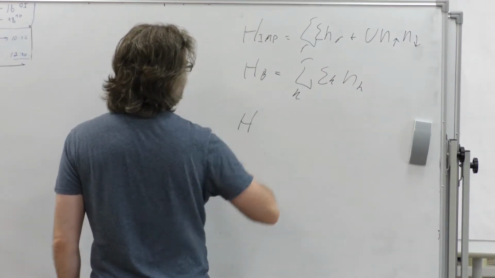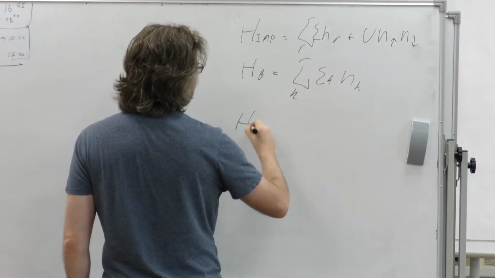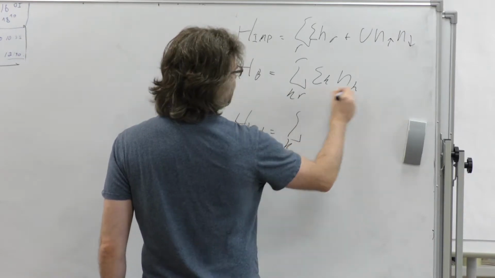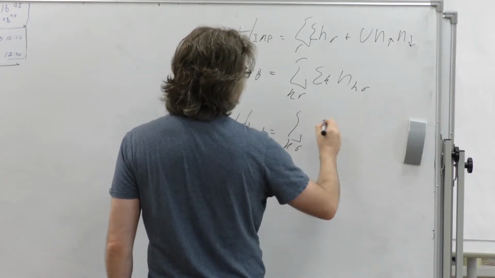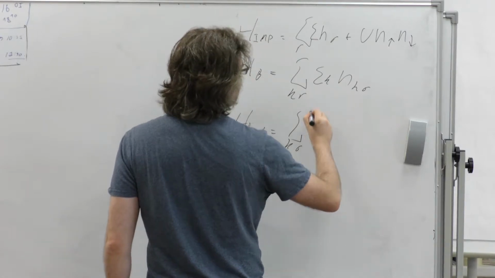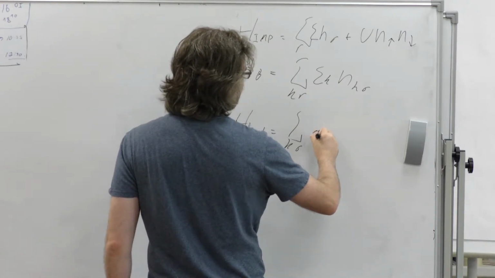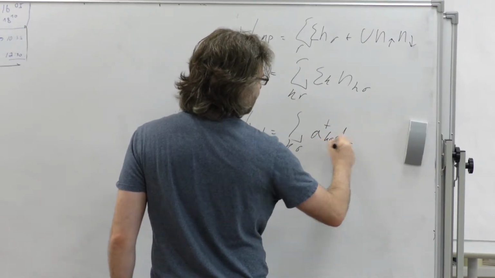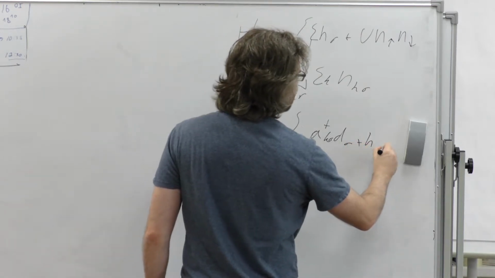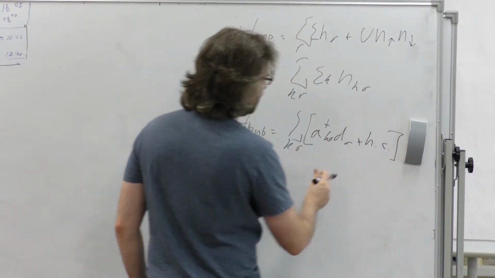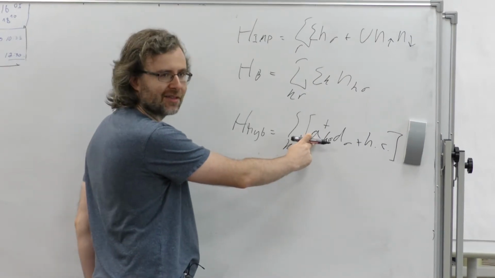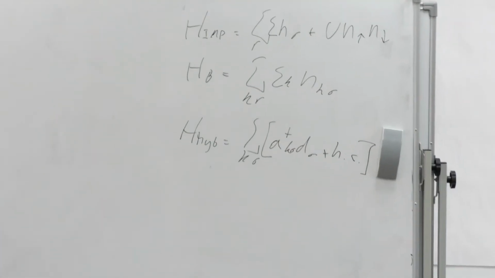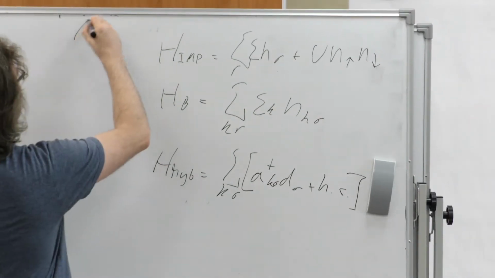And I have a hybridization part, or a dot-bath part, which is the sum over k and sigma of a_k dagger d_sigma plus Hermitian conjugate. The idea here is that the a's are bath operators and the d's are dot operators. Everything is fermions. This is called an Anderson impurity model.